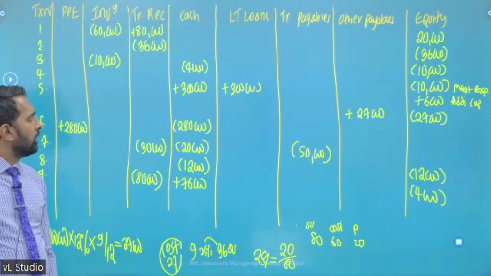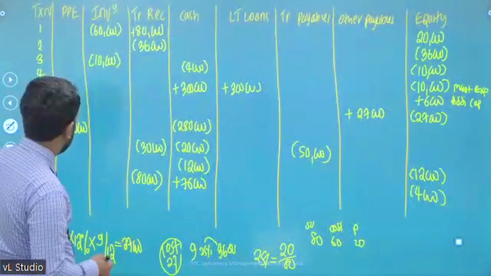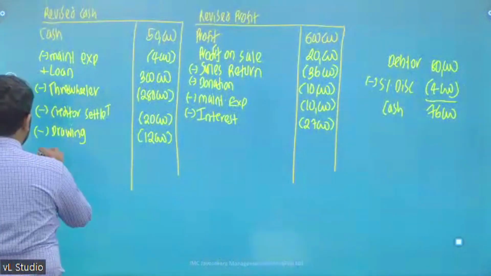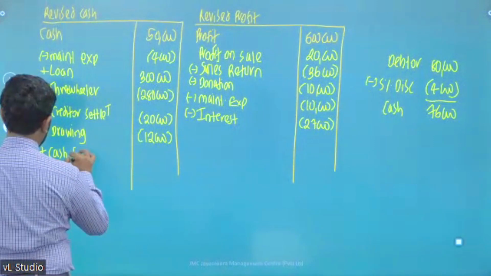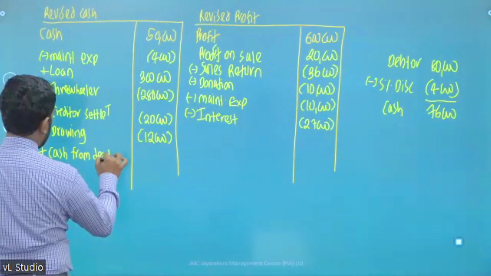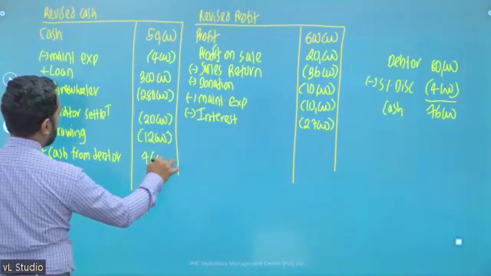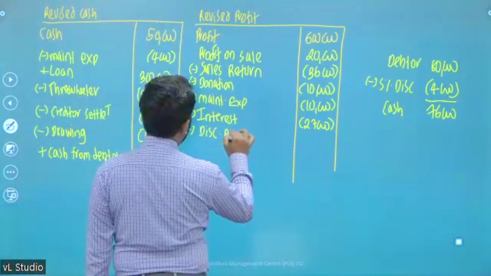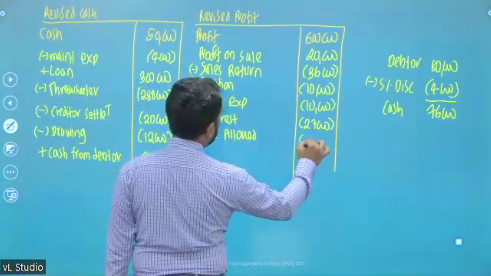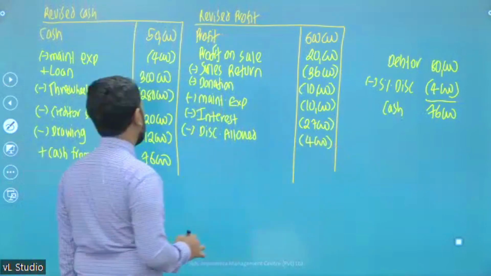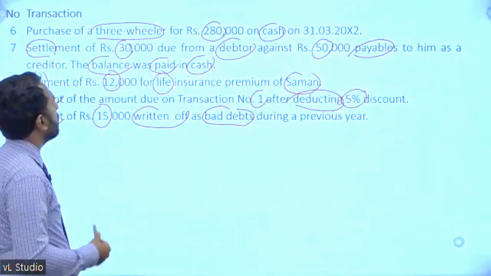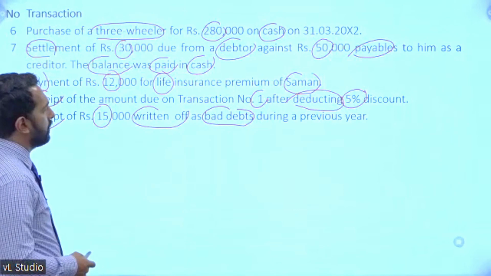So we will adjust the 76,000 cash received from the debtor and the discount allowed expense of 4,000. The last transaction: receipt of rupees 15,000 written off as bad debts during a previous year.